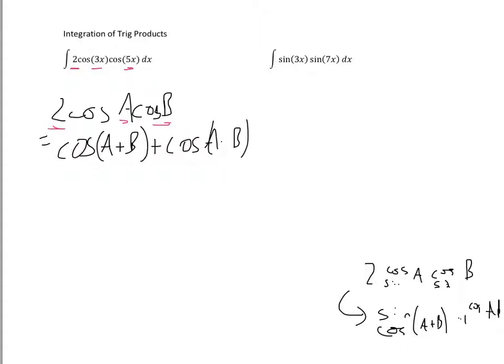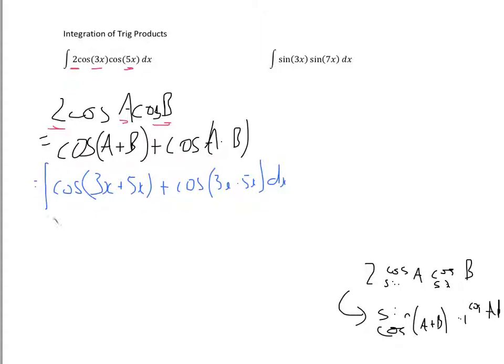Okay? So where there is an A, we're going to put 3x. Where there is a B, we're going to put 5x. So 3x minus 5x, 3x minus 5x. And we're still integrating that, yeah? dx.